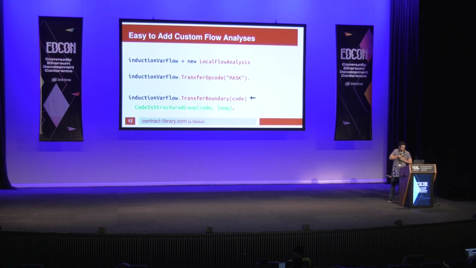So here's a simple data flow analysis. This is written in Datalog. If you want to create a custom data flow analysis, you say new local flow analysis. You customize, if you want to, the transfer functions. This says that when I see a mask instruction, the inputs from the arguments flow to the output.